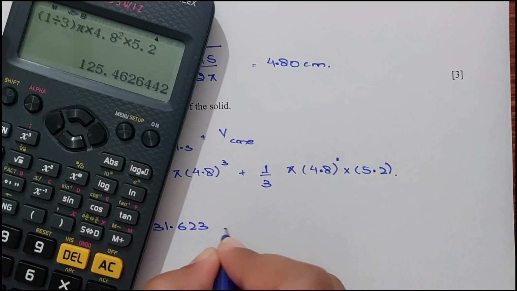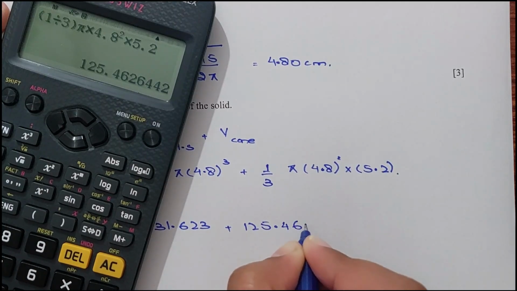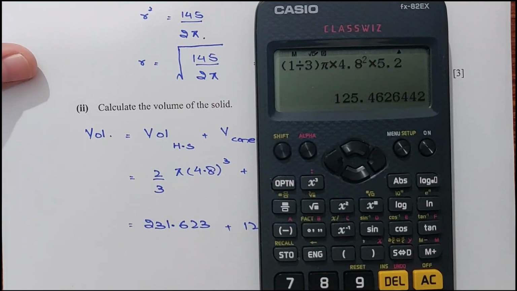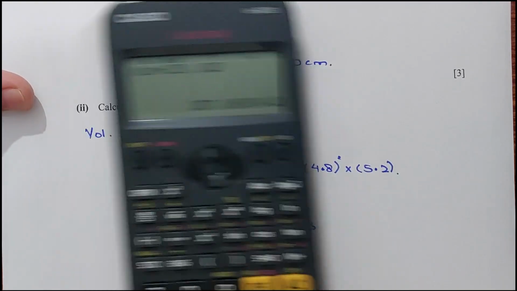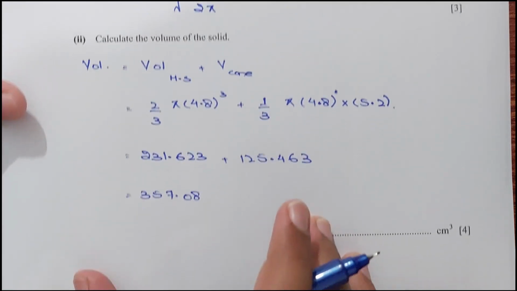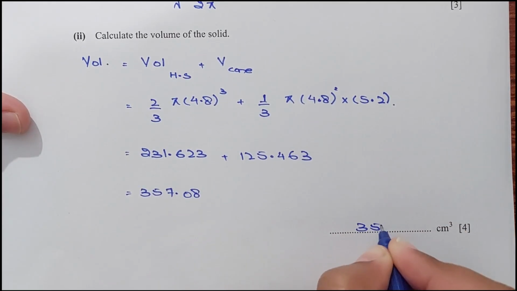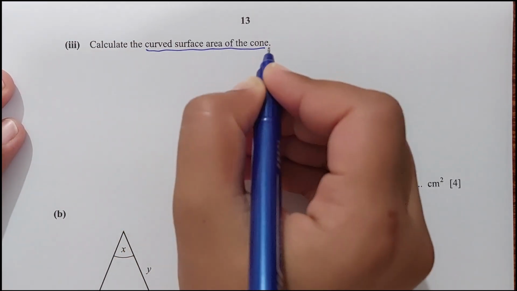And we have to add 125.6463, right? We have to add this 231.623. This is 357.08, or if I round it, which is 357.1 centimeter cubed.